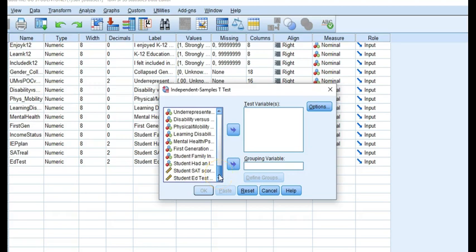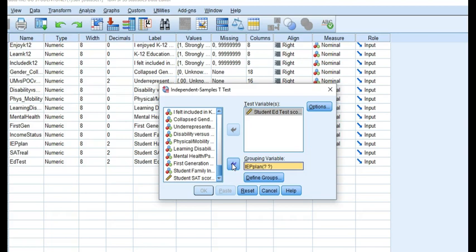You are going to move your dependent, or the continuous variable, into the test variables box. The dependent variable in my question was EdTest score. Move that over. And then you're going to move your independent, or in this case, categorical variable, into the grouping variable box. The one that I'm looking at is whether or not a student had an IEP. So I'll move that over.